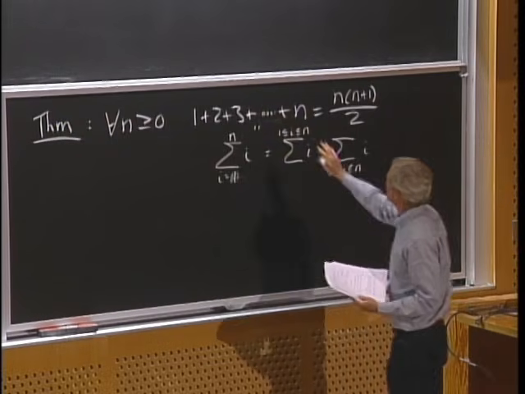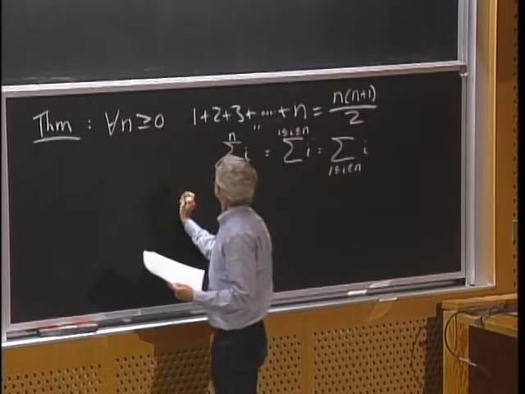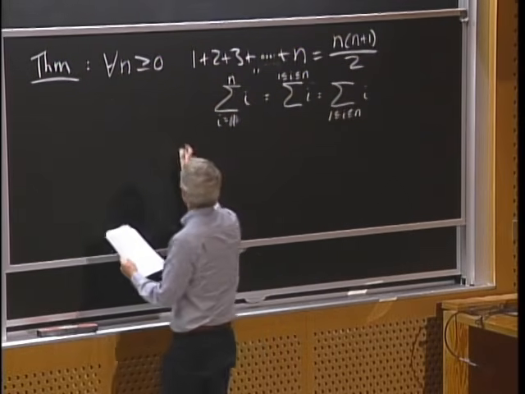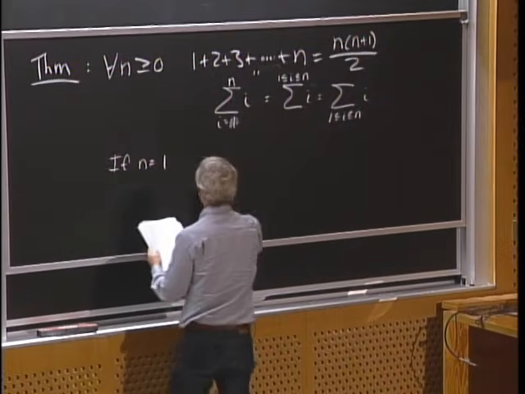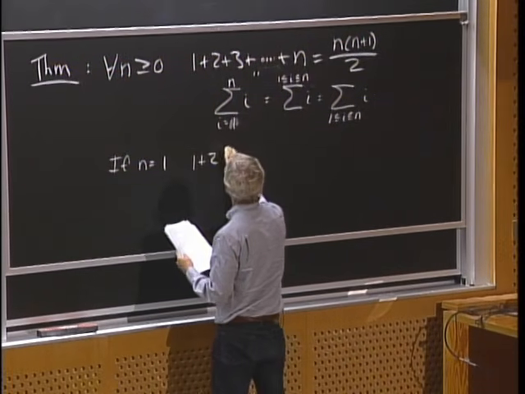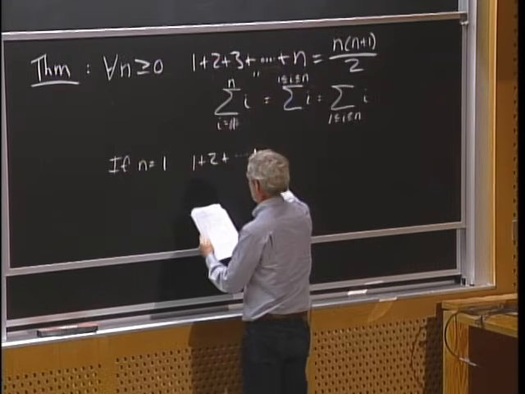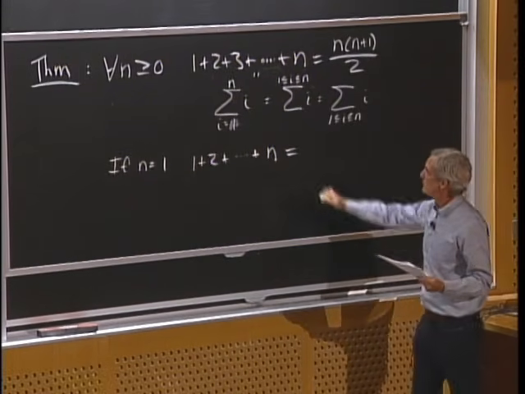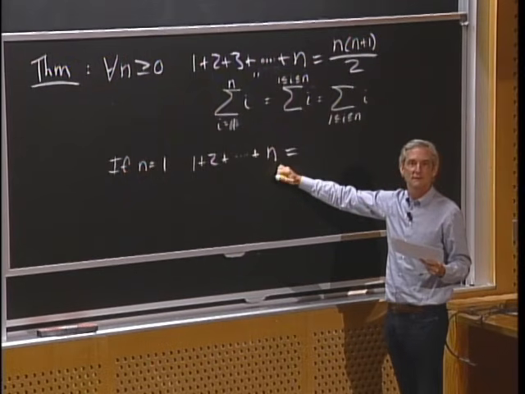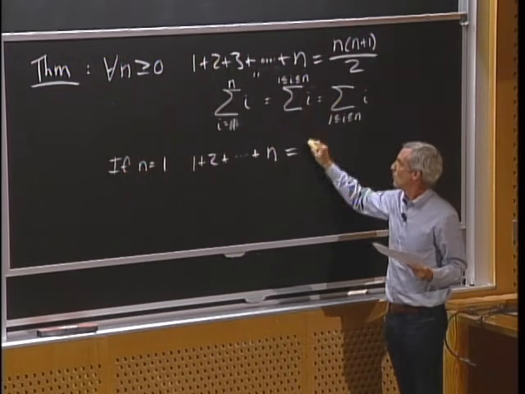All right, now there are some special cases that make this a little more interesting. What if n equals 1? I've got 1 plus 2 plus dot, dot, dot plus n. What do you suppose it equals if n equals 1? 1.